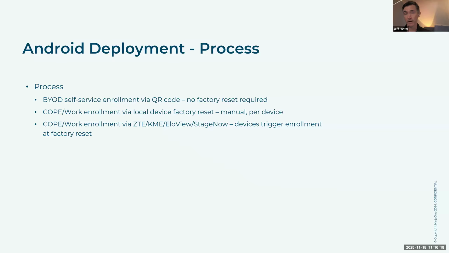However, there are other out-of-the-box experiences that exist through the different OEM manufacturers of the device. And so one of them, KME, this is probably the single biggest one just in terms of global footprint. And this is Knox Mobile Enrollment. So this is the Samsung out-of-the-box experience. And so with this, if you have Samsung devices, you can absolutely go ahead and set up the automatic enrollment of your devices through Knox Mobile Enrollment.